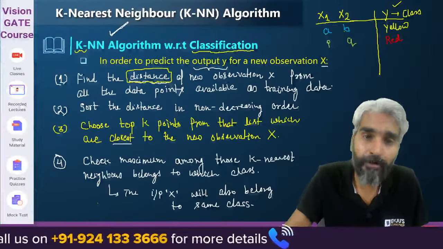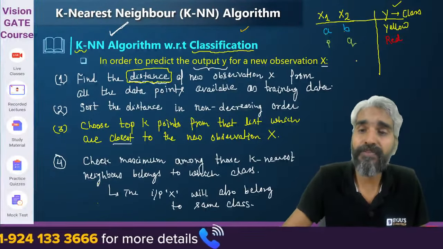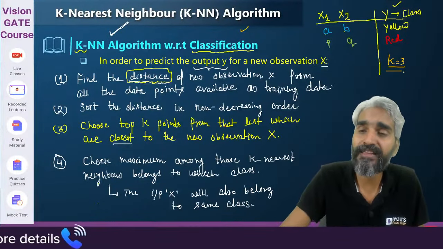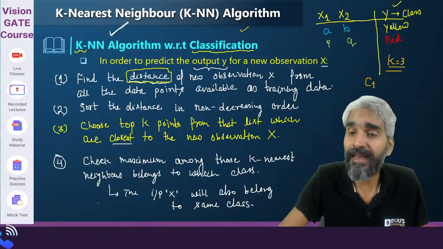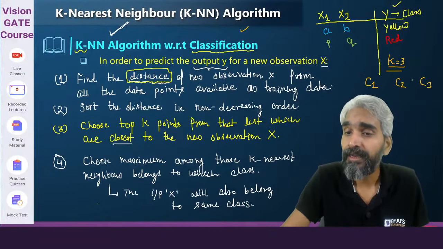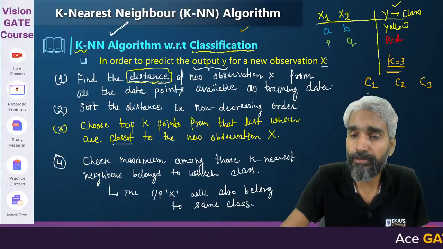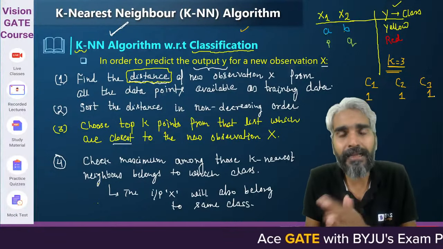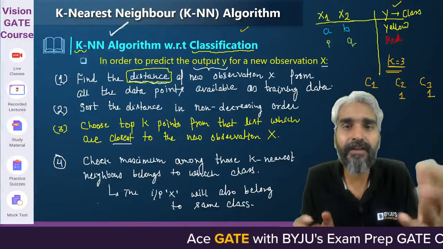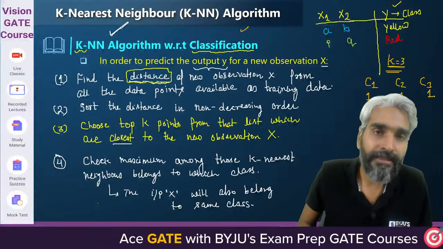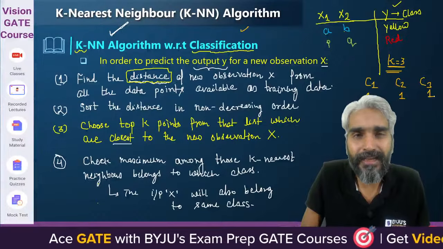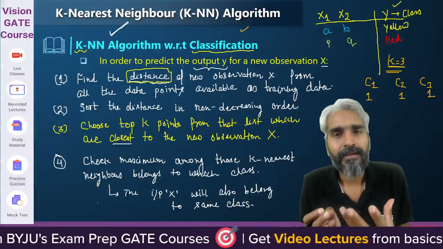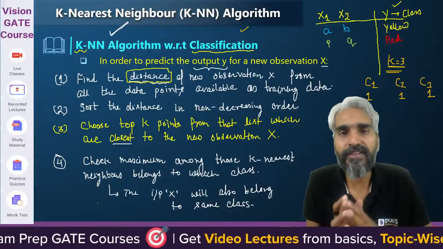If you are talking about the case where the value of k is 3 and there are three classes C1, C2 and C3, and one member belongs to class C1, one to class C2, one to class C3, then ultimately we may increase or decrease the value of k, and can still classify the new input in one of the classes.